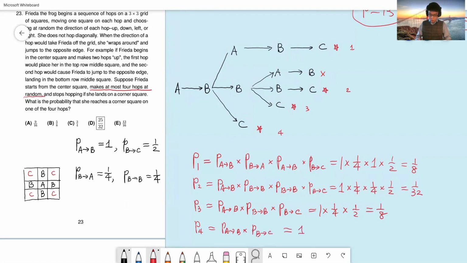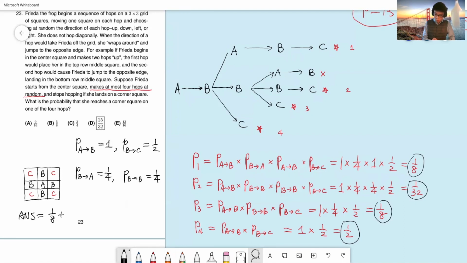P A to B is 1, P B to C is simply 1/2. So okay, we just add these numbers. That's the total probability. So the answer here is 1 over 8 plus 1 over 32 plus 1 over 8 plus 1 over 2. The answer is 25 over 32. We choose D here.